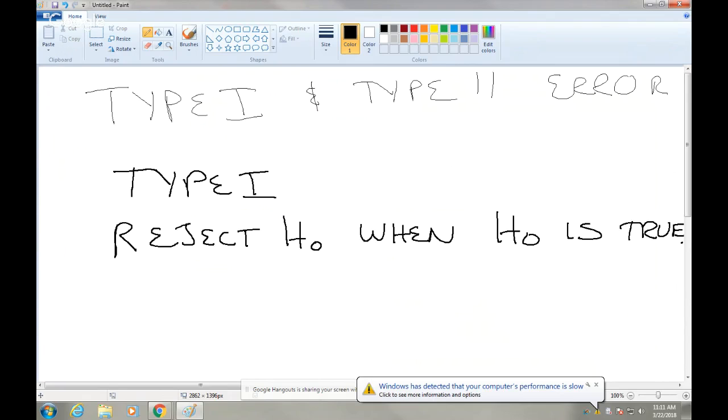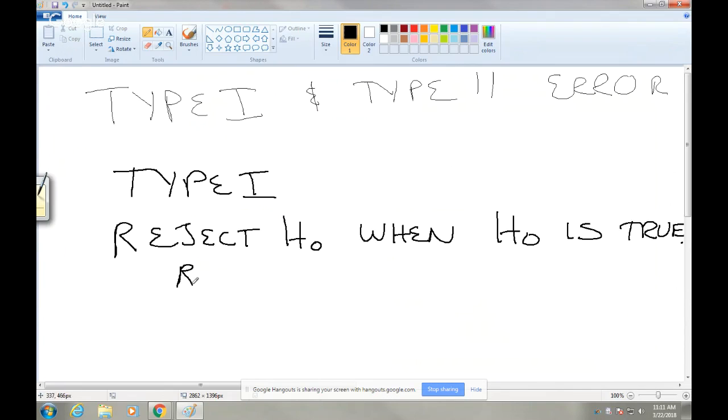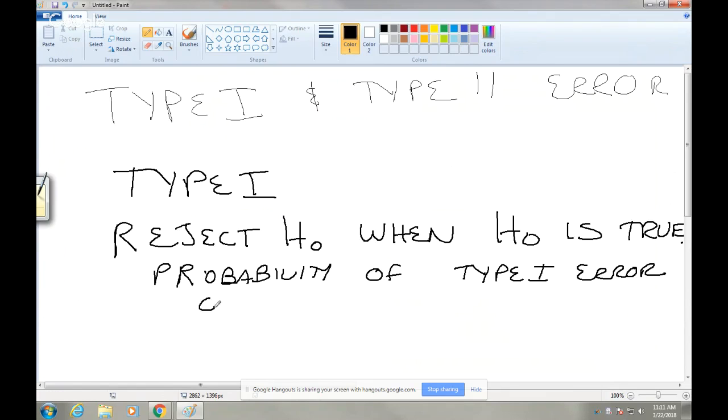In fact, the way we set up a hypothesis test is that the probability of a type 1 error, given that H naught is true, is alpha, the level of the test.